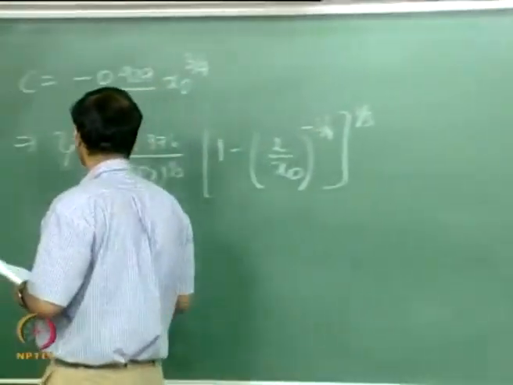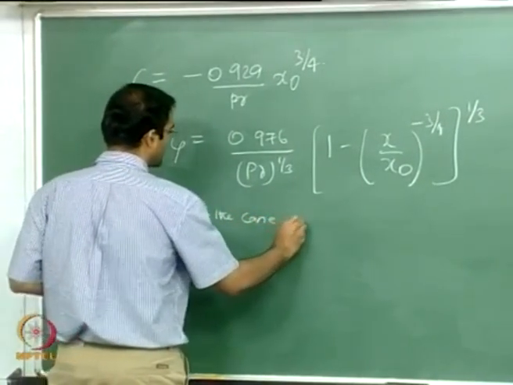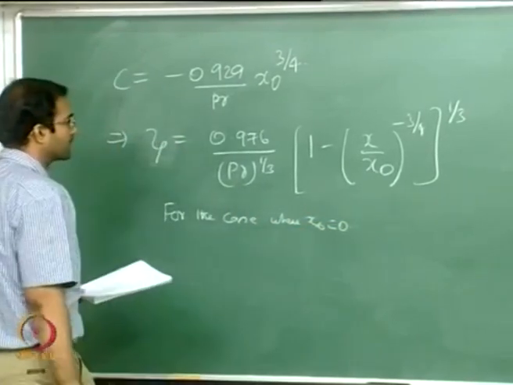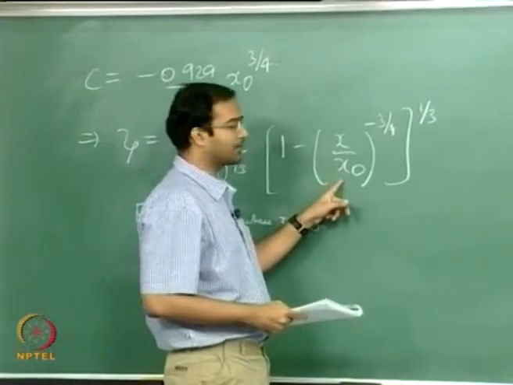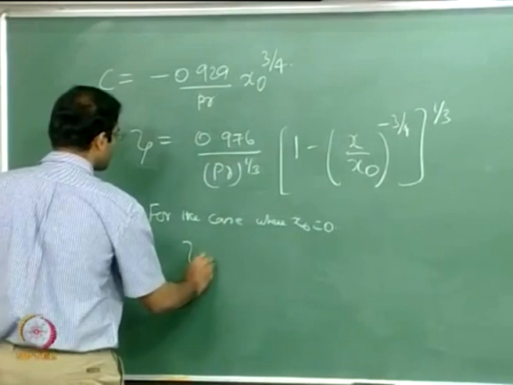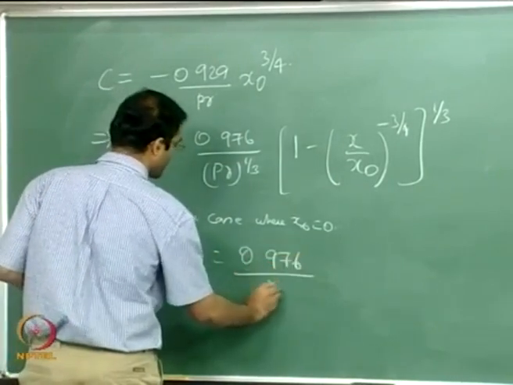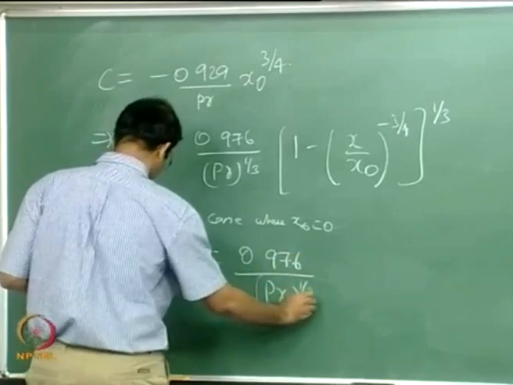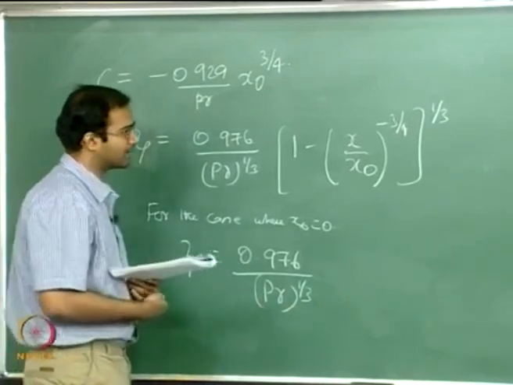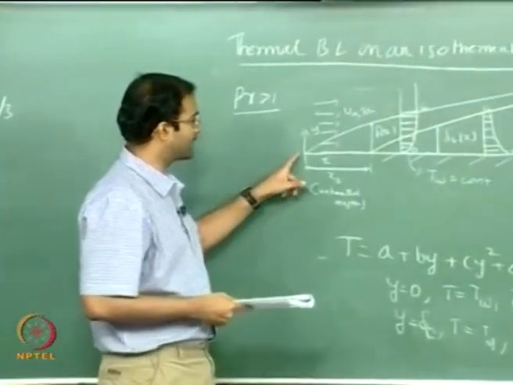So for the case where x naught equals 0, this is x naught by x to the power 3 by 4, so this will go to 0, and therefore your zeta will be simply 0.976 divided by Prandtl raised to the power 1 by 3, okay.